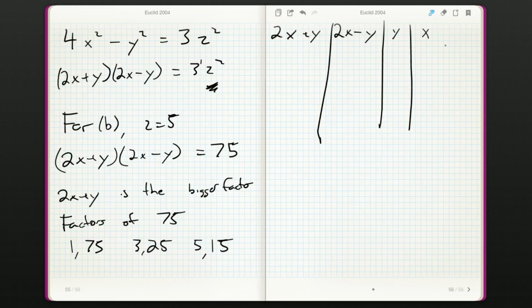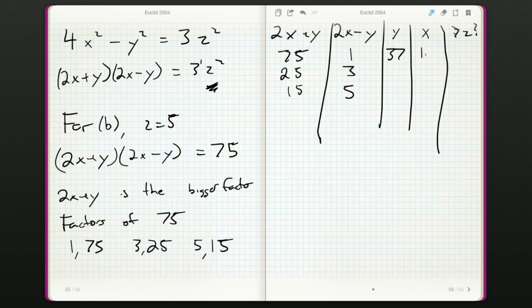And I just need my x to also be greater than z. Alright, so 75 and 1, 25 and 3, 15 and 5. So big one minus small one is 74, divided by 2 is 37.